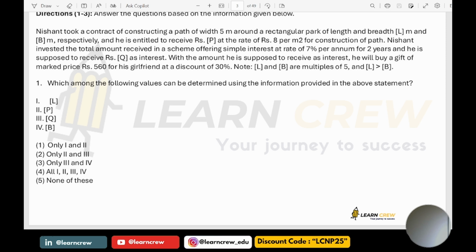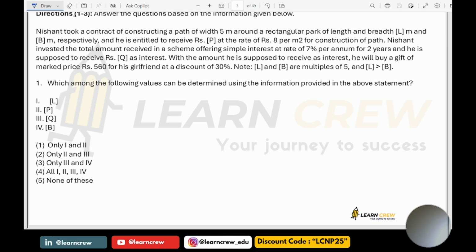See the first question, questions 1 to 3. Nishant took a contract of constructing a path of width 5 meters around a rectangular park of length and breadth L meters and B meters respectively, and he is entitled to receive P rupees at the rate of 8 rupees per meter square for construction of the path.